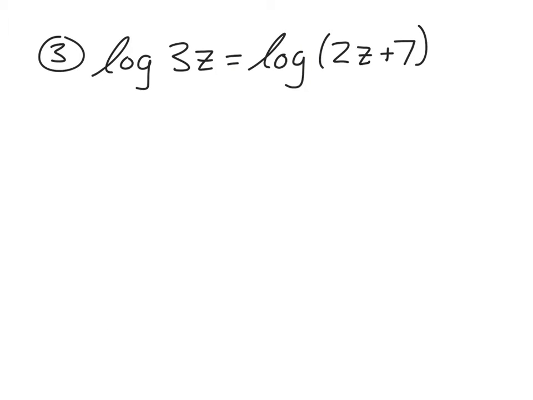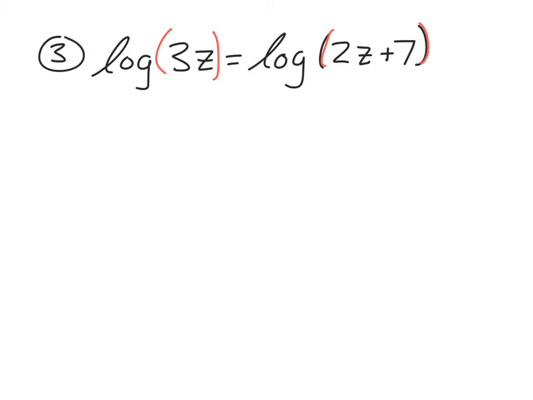Now, you might be tempted to subtract a logarithm on both sides and use that quotient rule again. But there's a much simpler way to go about a question like this with a logarithm on both sides. If the logarithm is the logarithm of the entire side in both cases, so notice we have log of 3z, that's the entire left side of the equation, and log of 2z plus 7 is the entire side of that equation.